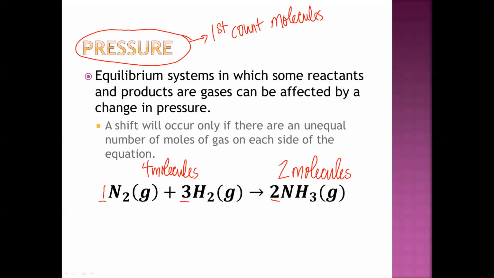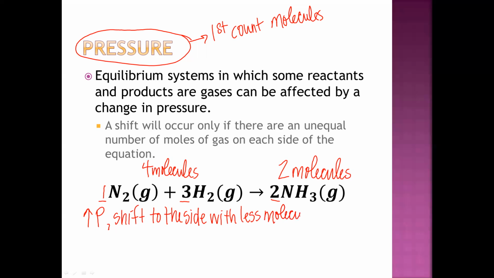Okay, now what you do with the shifting, this is important. It's a little bit different than like add, shift away, remove, shift towards, okay? If the problem says that the pressure was increased, so up arrow stands for increased pressure, okay? If the problem says that the pressure was increased, the way that you make up for that is you shift to the side with less molecules.